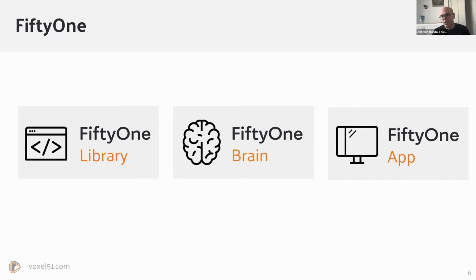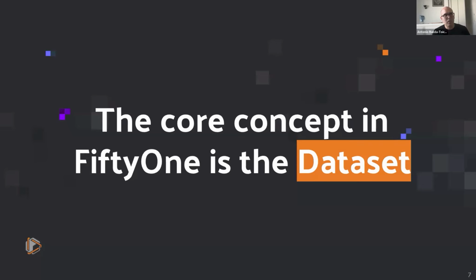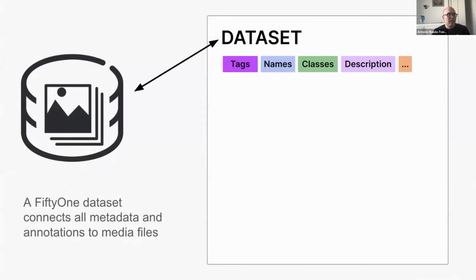We'll show you today how you can load your own data into the FiftyOne App and into the FiftyOne SDK as well, and how you can do interesting manipulations on the data that you have put there. So the core concept of FiftyOne, as I mentioned, is the dataset. And a FiftyOne dataset connects all metadata and annotations to media files.